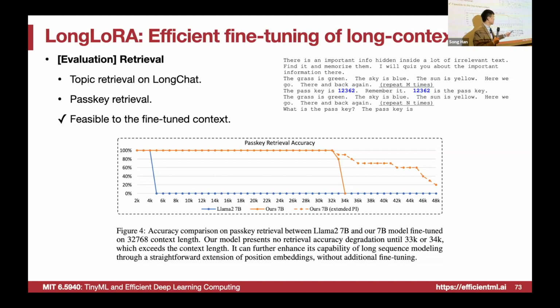And together with the extended positional embedding technique, positional interpolation, PI, we can have decent accuracy even beyond 32K. This is quite important if you have a long academic paper you want to summarize, or a very complicated financial report you want to read through. Long context techniques are quite crucial.